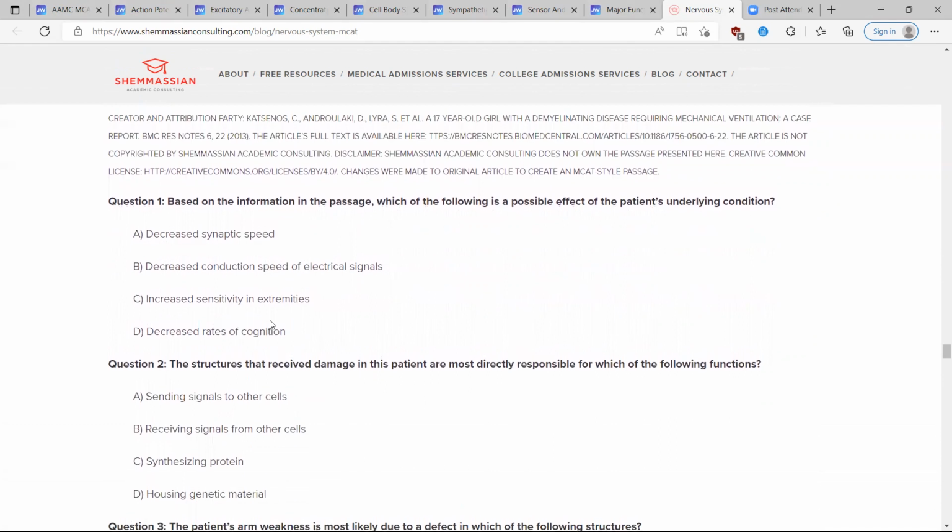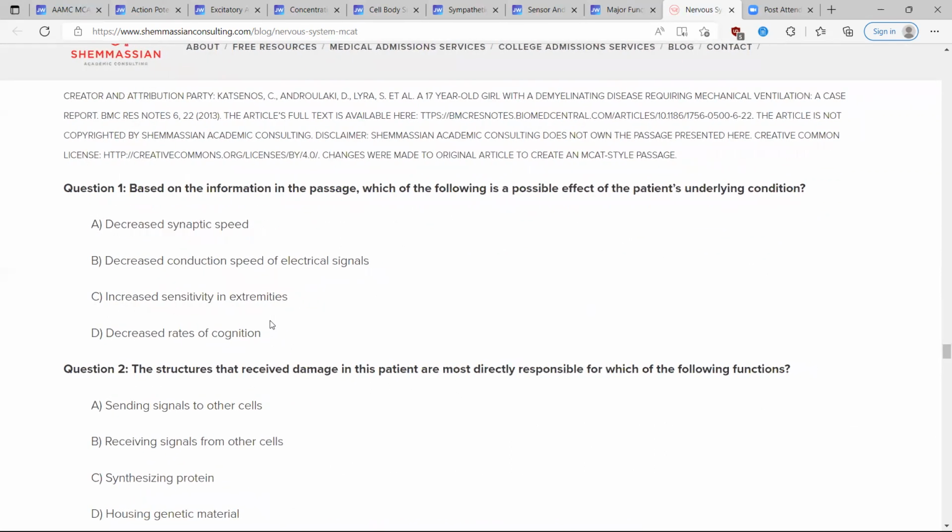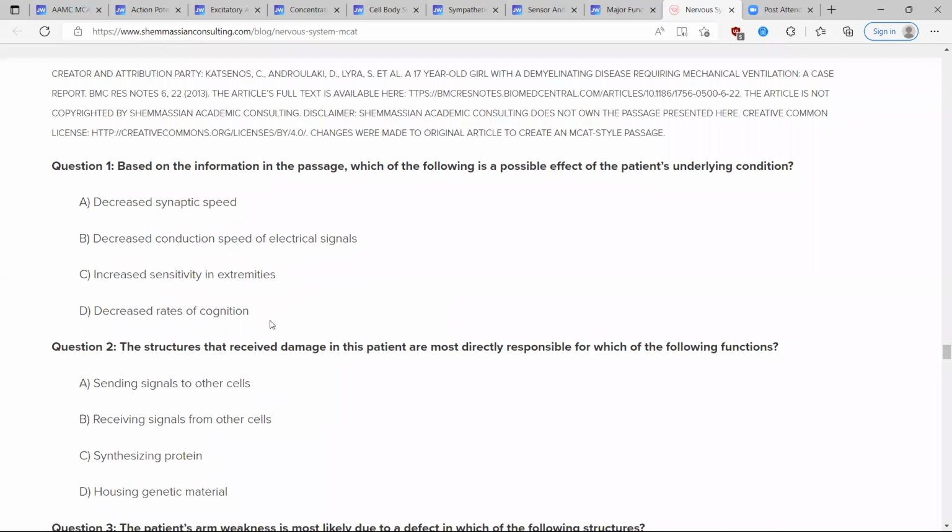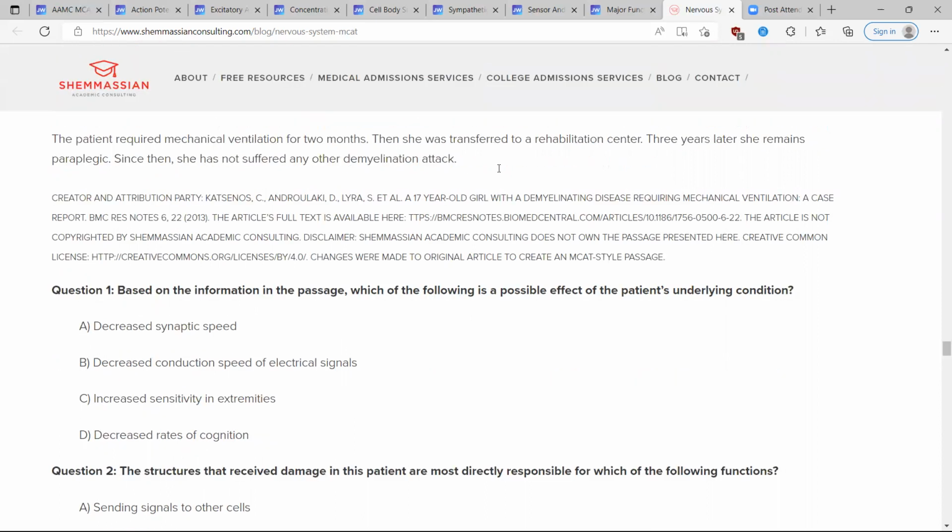So let's see. Let's read these questions, right? Based on the information in the passage, which of the following is a possible effect of the patient's underlying condition? So what this is asking, right? First of all, the patient has a condition, what could be an effect, right?